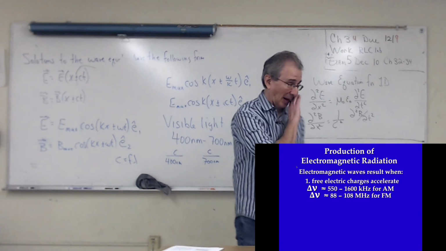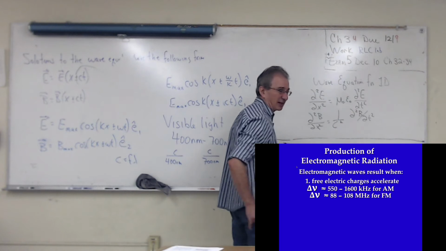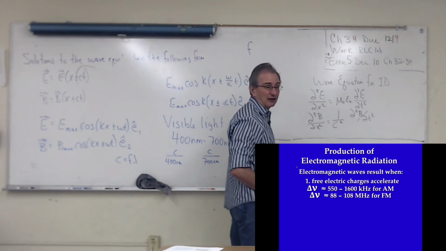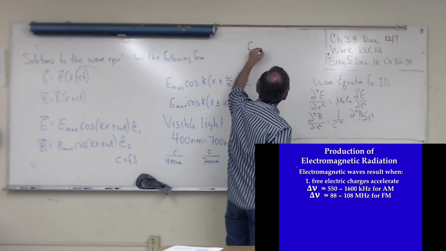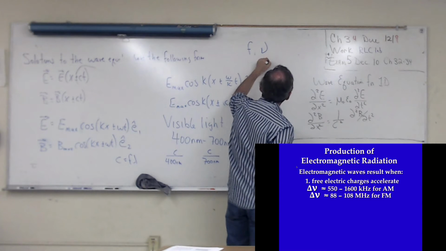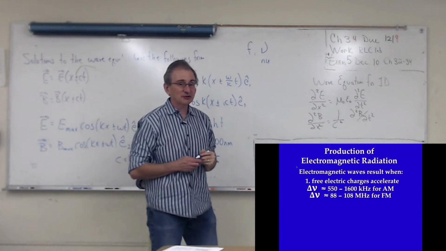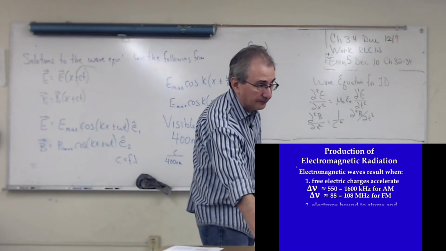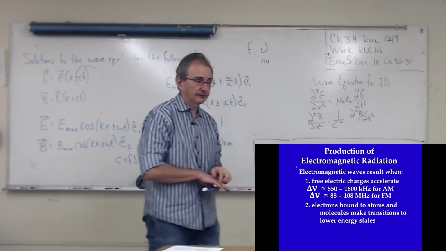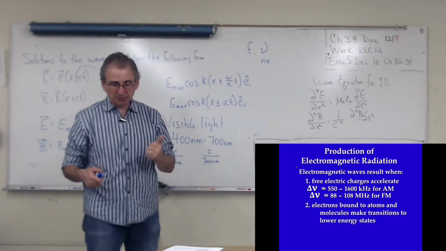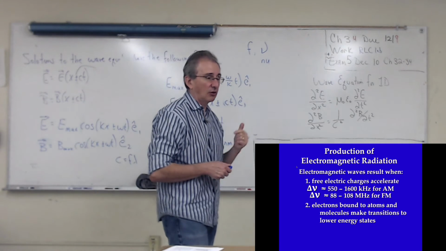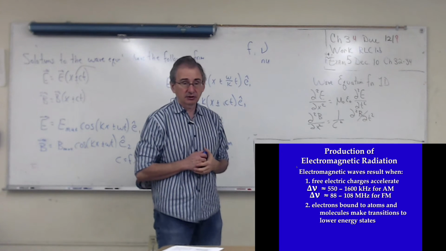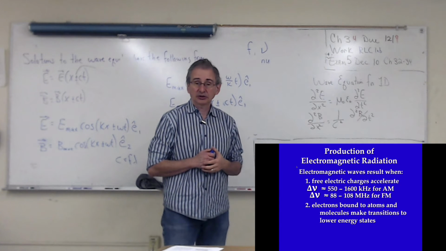By the way, in physics and maybe chemistry too, most of the time they use the letter f for frequency, but sometimes we use the letter nu for frequency, as you see there in the slide. So you can either have accelerated charged particles producing electromagnetic radiation or transitions in atoms and molecules that produce electromagnetic radiation.